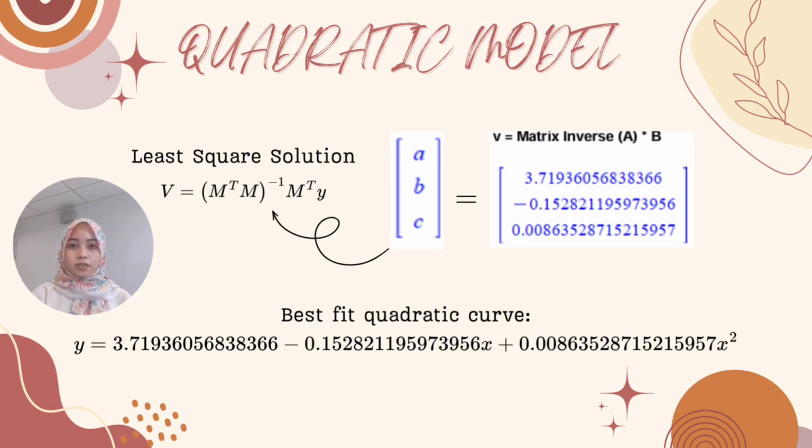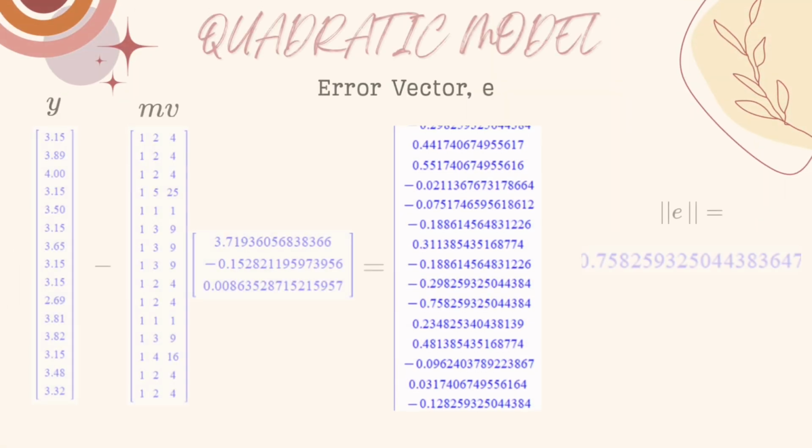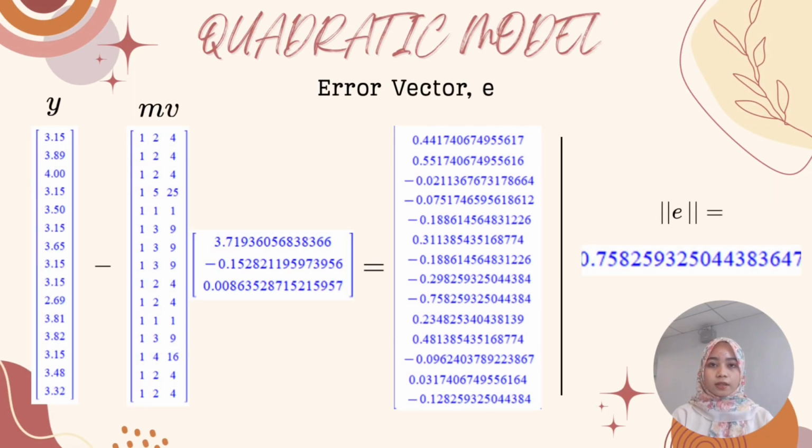Therefore, this is the best fit quadratic curve that we got after substituting the values into the quadratic equation. Lastly, to find the error vector, the formula is E equals Y minus MV. Then, from the error vector, we can find the magnitude error and all the values are shown in this slide.